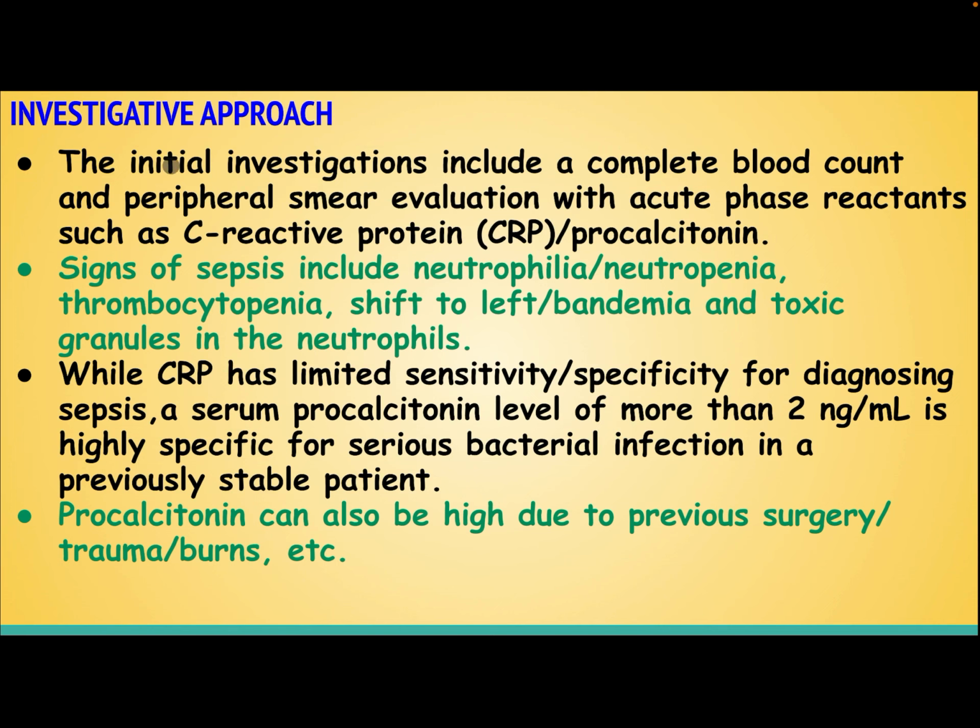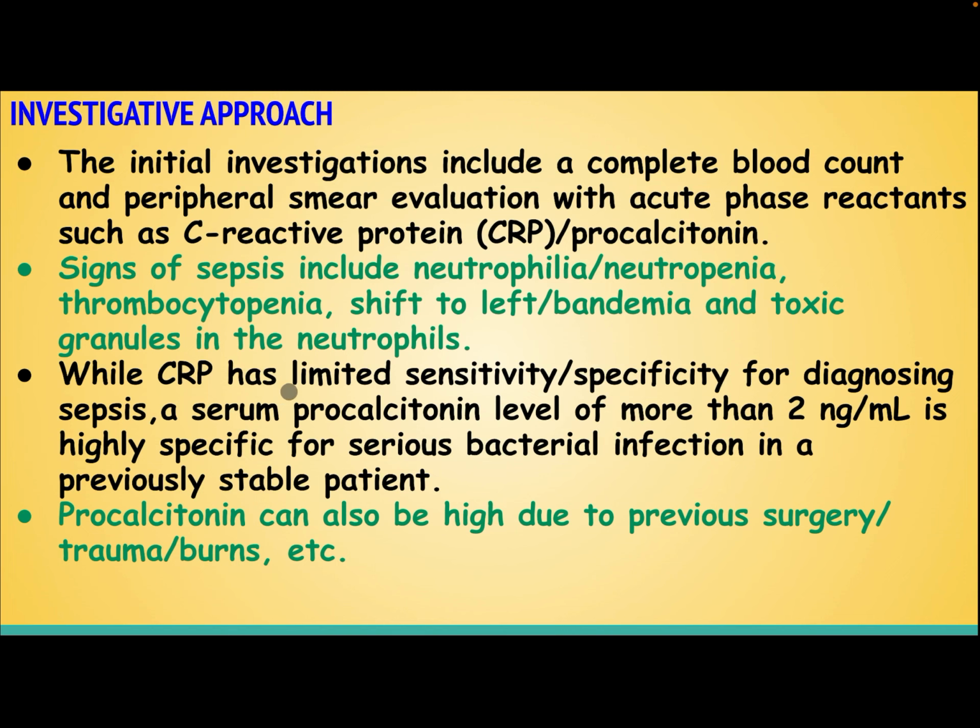Investigation approach. The initial investigations include complete blood count and peripheral smear evaluation with acute phase reactants such as C-reactive protein and procalcitonin. Signs of sepsis include neutrophilia, neutropenia, thrombocytopenia, shift to left, bandemia, and toxic granules in the neutrophils.